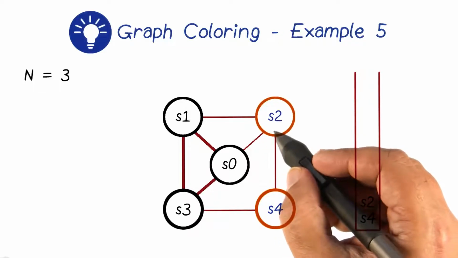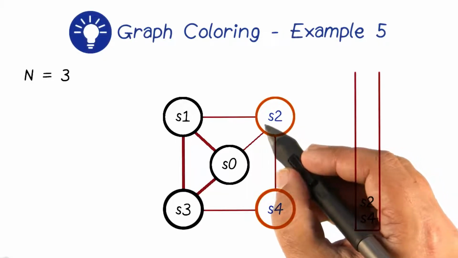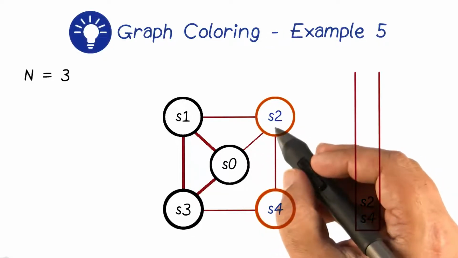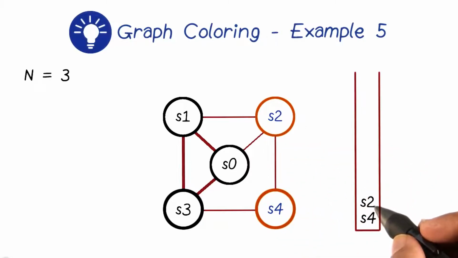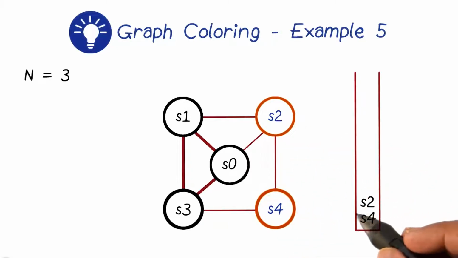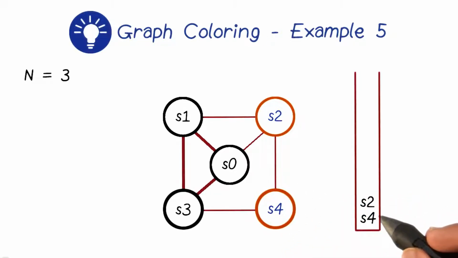After this, we have S2, whose degree has fallen below 3. The degree is now equal to 2. So we have removed it from the interference graph and pushed it next onto the stack. So you can see that the nodes that have been pushed are definitely colorable because their degrees are less than 3, and that's why they have gone on the stack.